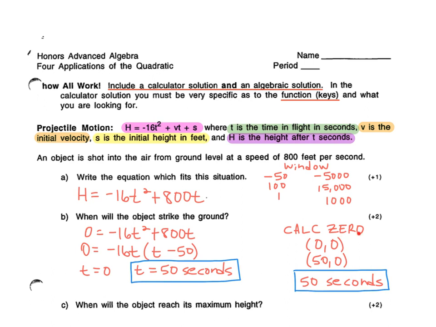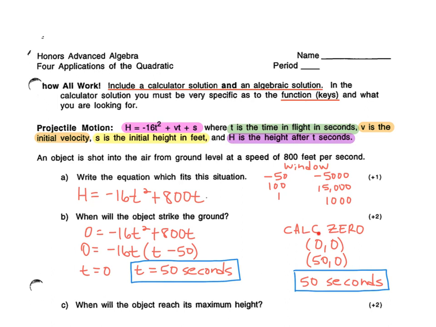For each zero, we're asked to establish a left bound, hit enter, a right bound, hit enter, and then hit enter one more time, and it will give you the x-intercept, or the zero. We have two of them, so you would have to go through the process two times. You should get (0, 0) and (50, 0), and then once again you interpret your answer, and your final answer would be 50 seconds.